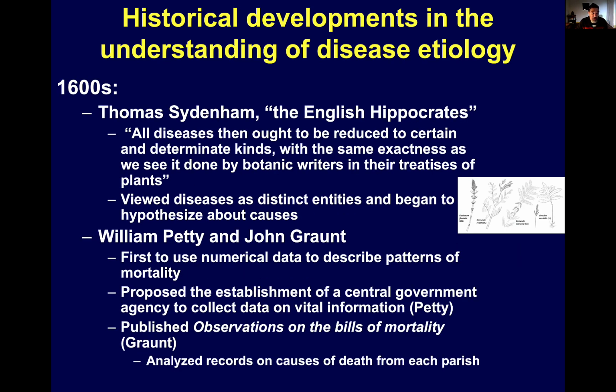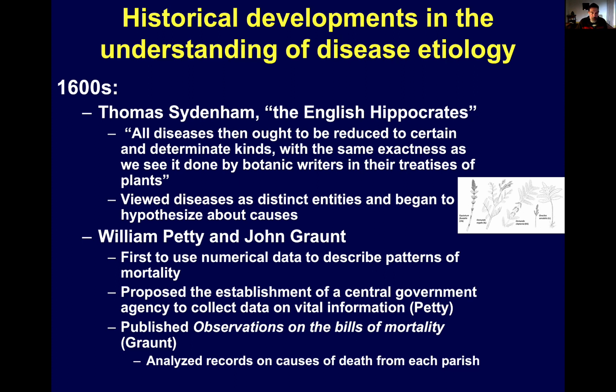In the 1600s, Thomas Sydenham hypothesized or argued that all diseases ought to be reduced to certain and determinate kinds, similar to the way that botanists would do with their treatises of plants. Many of you have probably seen these detailed drawings of plant species that really help differentiate between one species of plant and another.